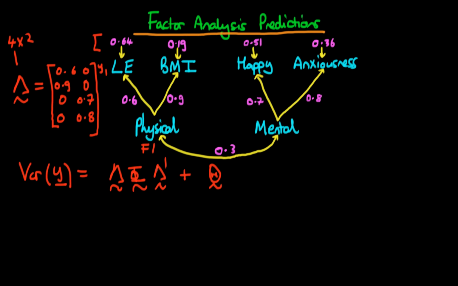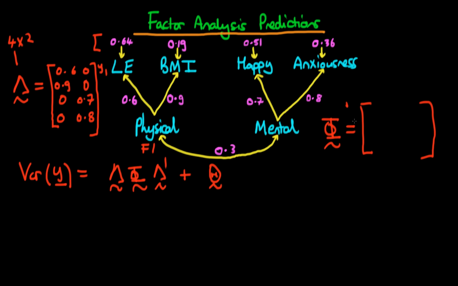How about constructing this matrix phi, which is the variance covariance matrix for our factors? Well, this is easy enough. Because we've got two factors here, it's just going to be a 2×2 matrix, where the diagonals are going to be the variance of the given factors and the off-diagonal elements are going to be the covariance between the factors.